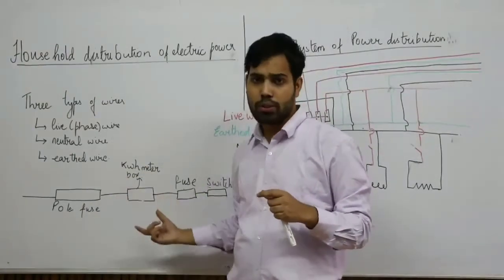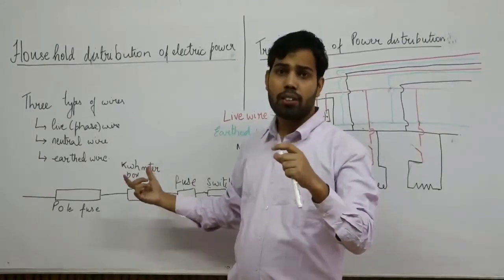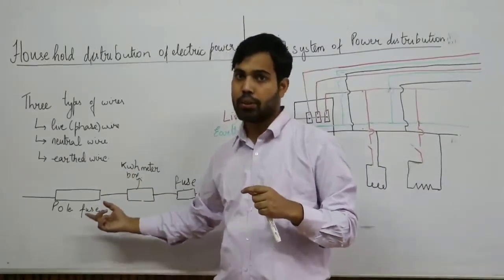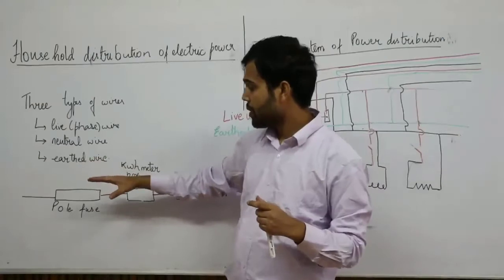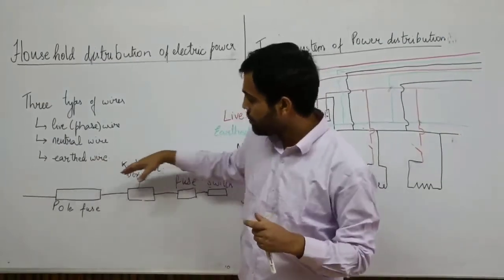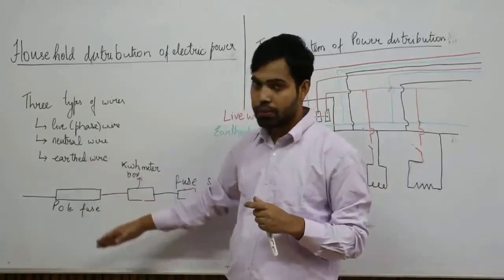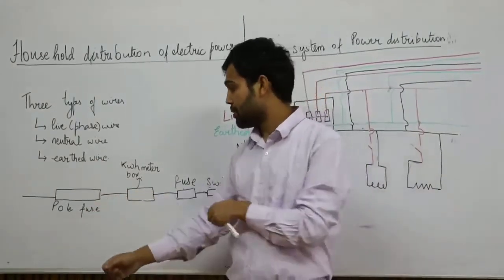If the house owner or the user uses an amount of current which is more than the sanctioned amount, the pole fuse will break, so it will stop the flow of current. So before the current comes into the meter box in the house, it has to pass through the pole fuse, and the pole fuse will break if the amount of current exceeds a particular amount.